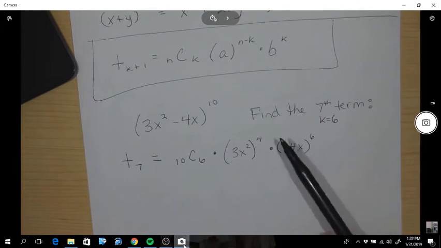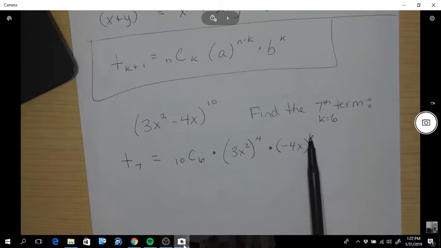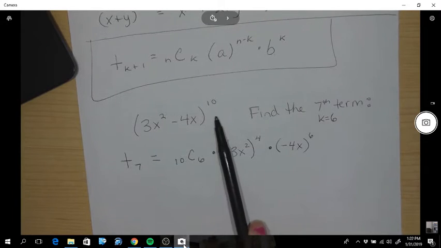So you need to notice that the exponents will always add up to the exponent here.